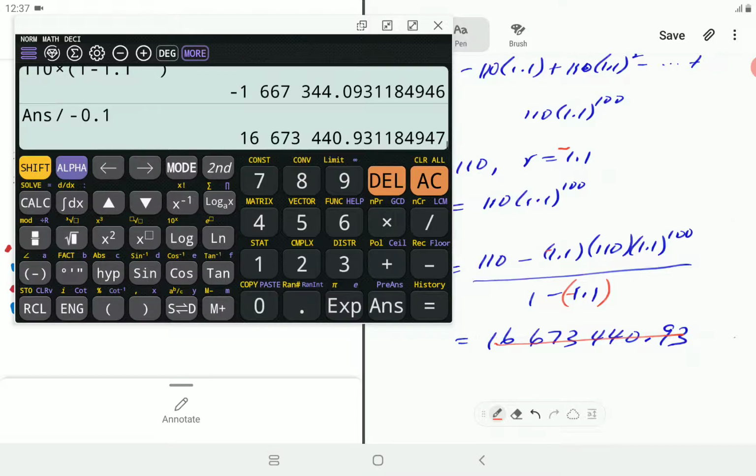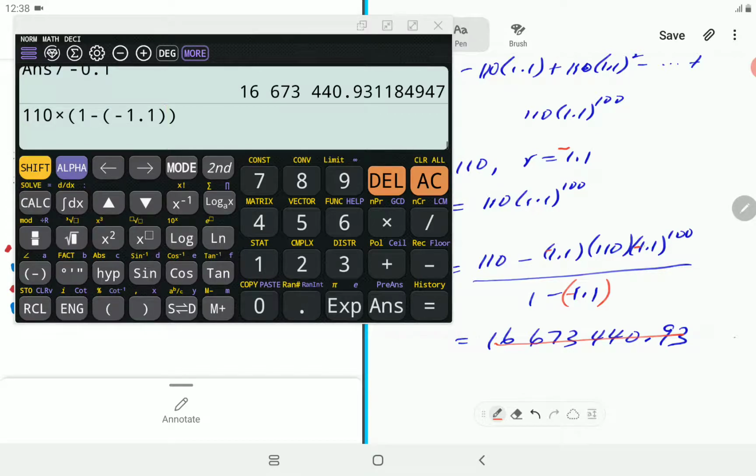This is going to be 110 times, open brackets, 1 minus, open brackets again, negative 1.1. It's going to be to the power of 101, because that's negative there as well.